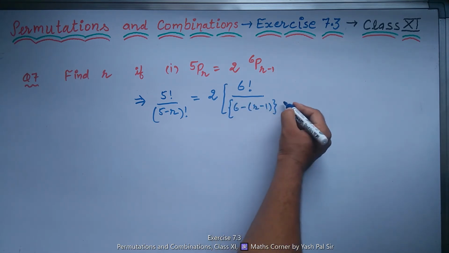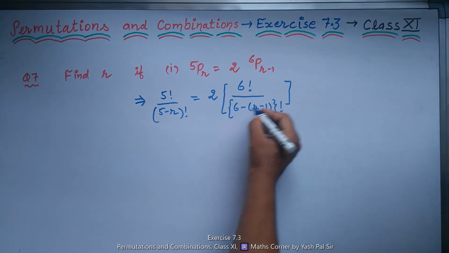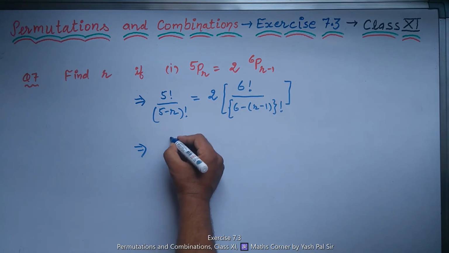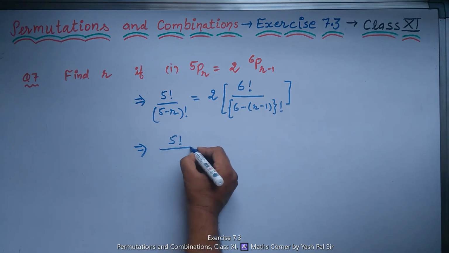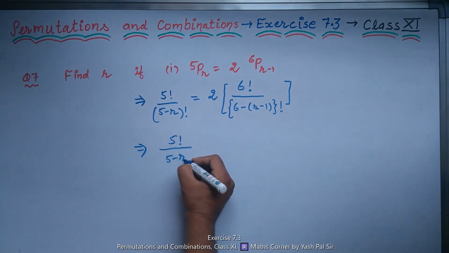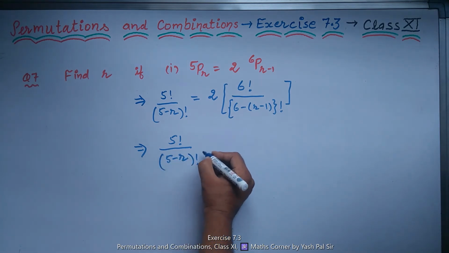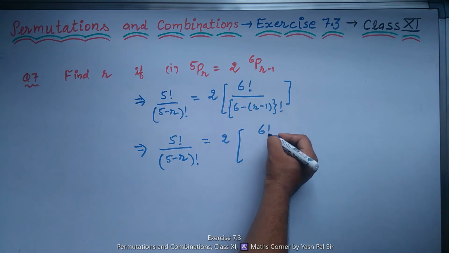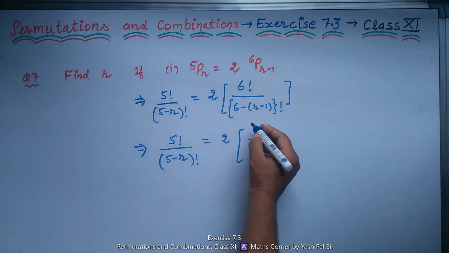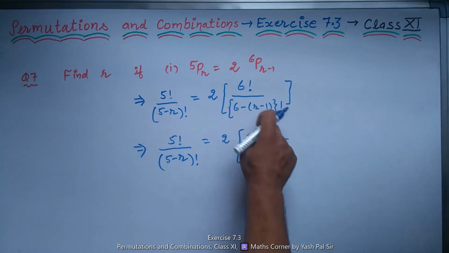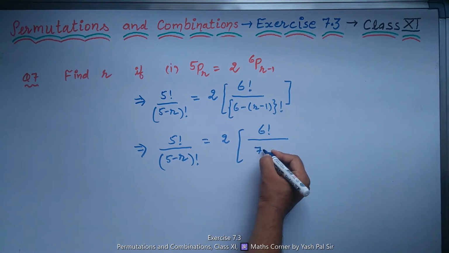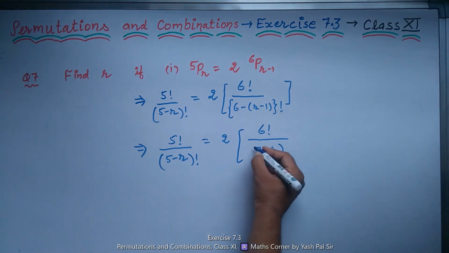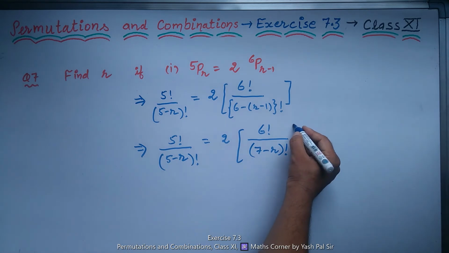So again this can be written as 5! divided by (5 minus r)! is equal to 2 into 6! divided by (6 minus r plus 1)!, that is (7 minus r)!.